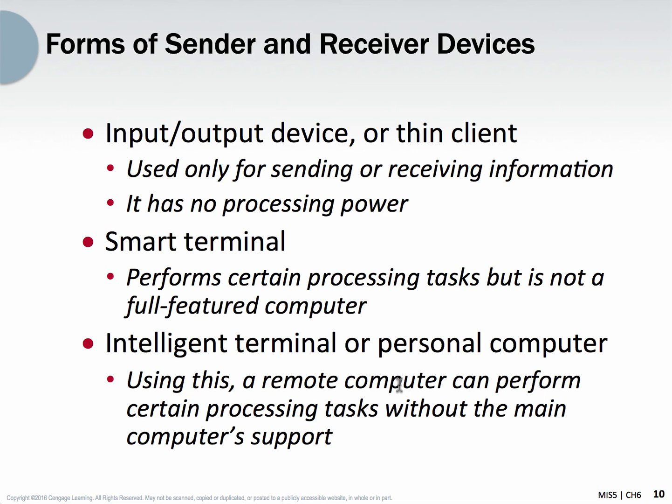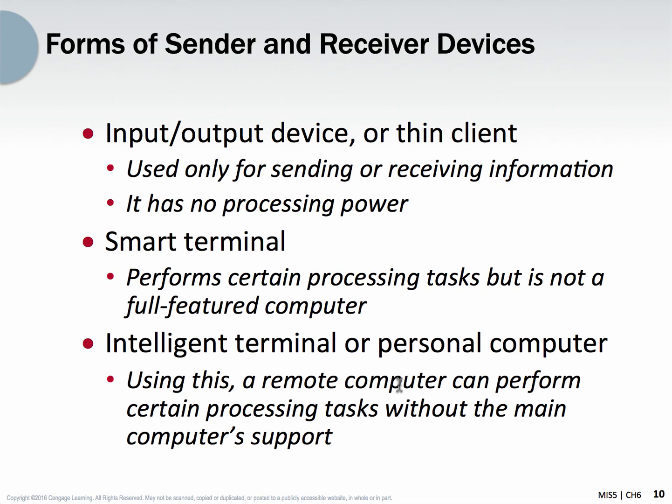Now, this is a computer that can do lots of tasks without the support of this network or this main computer somewhere else. So to contrast the two, the smart terminal is a lot like a car in that it can move around, but it still needs all of its processing to be performed by a different entity, and that would be you, the driver.